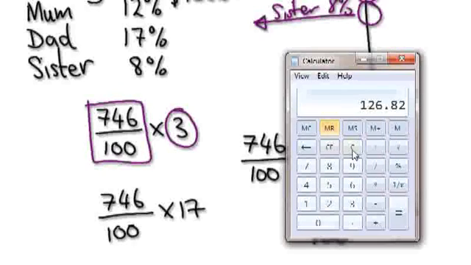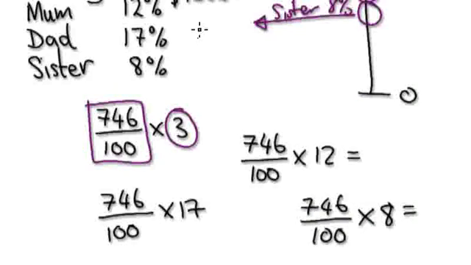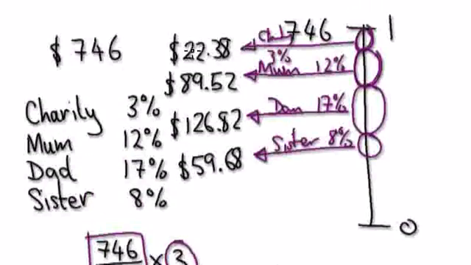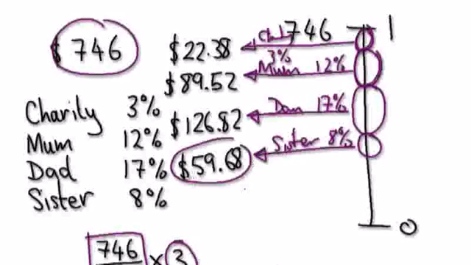So calculator, clear. 746 divided by 100 equals this, and then 8% goes to your sister, so times 8 equals this, 59.68. So 8% of that amount is this.